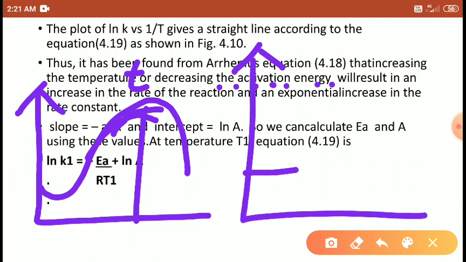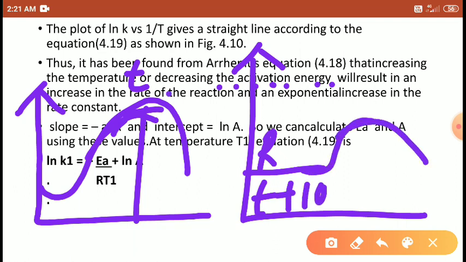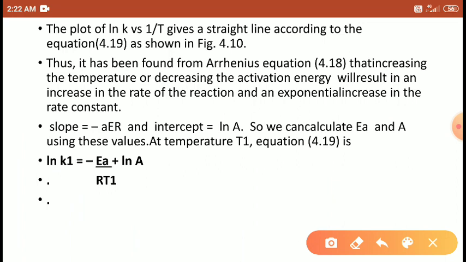If we use the temperature T plus 10, then the curve shows less slope. Less slope means less additional energy, or less activation energy, is required to reach the activated complex state. Right students? So the rate of reaction increases. When we increase the temperature, less activation energy is required, the product forms more easily, and the rate of reaction increases.